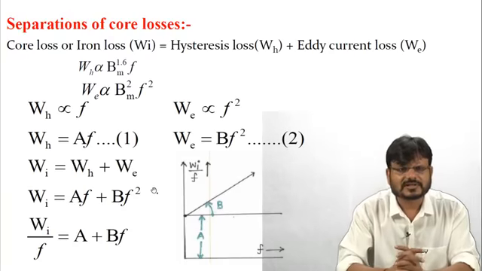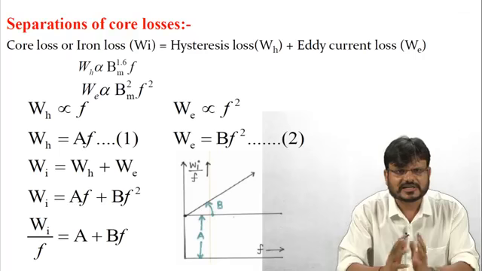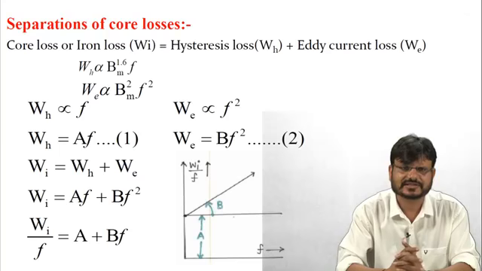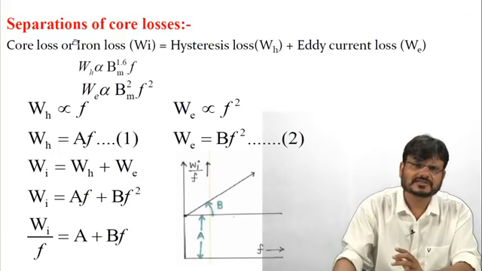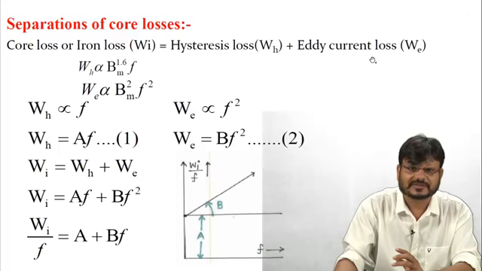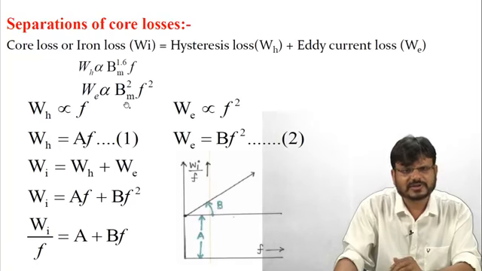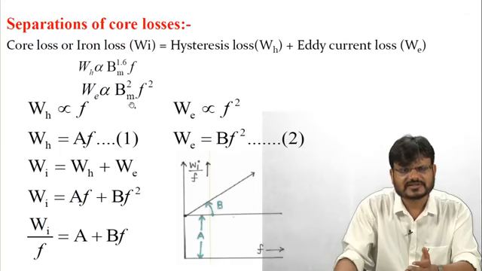Now we have to understand the separation of the core losses. As you know, the core losses, or iron losses, can be classified as eddy current losses and hysteresis losses. So the iron loss is equal to the hysteresis loss plus the eddy current loss. The hysteresis loss is directly proportional to the flux density to the power 1.6 multiplied by frequency, and the eddy current loss is directly proportional to the square of the flux density multiplied by the square of the frequency.